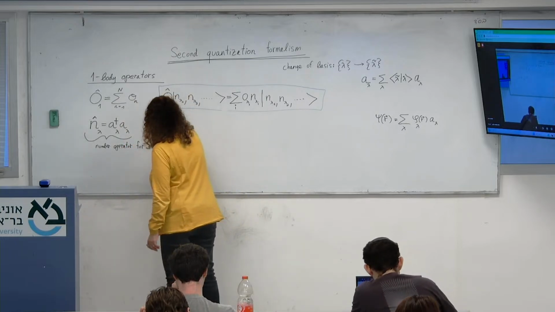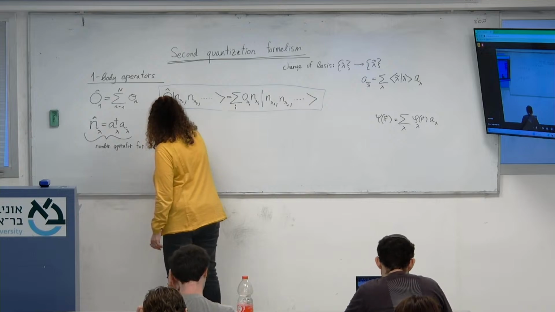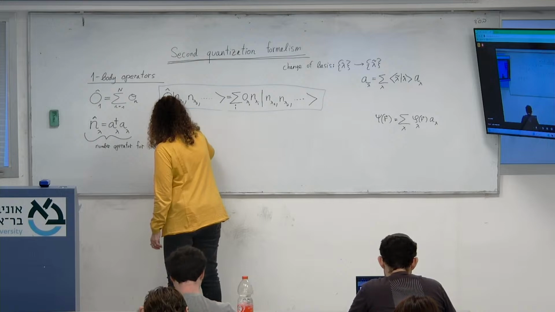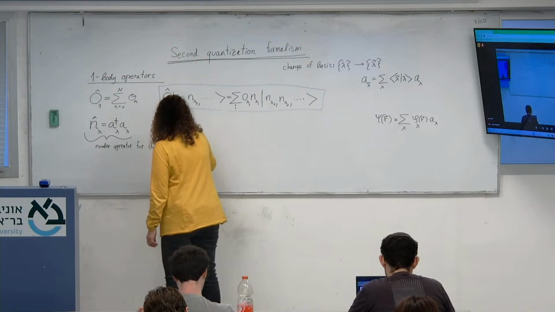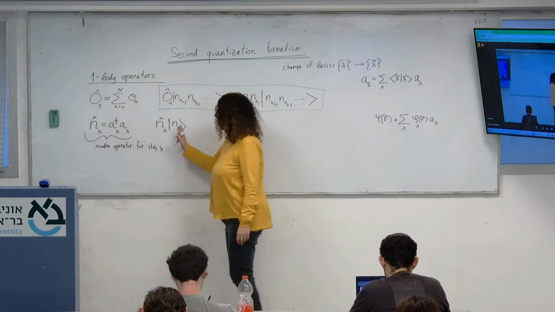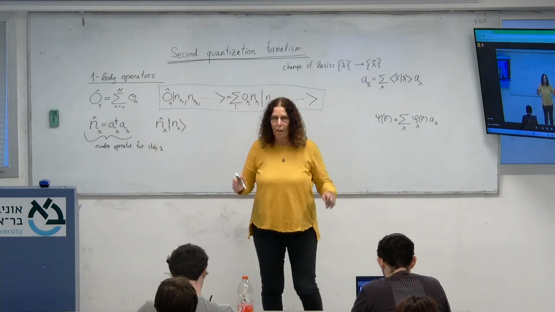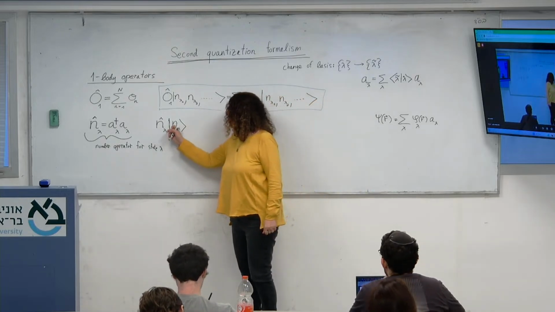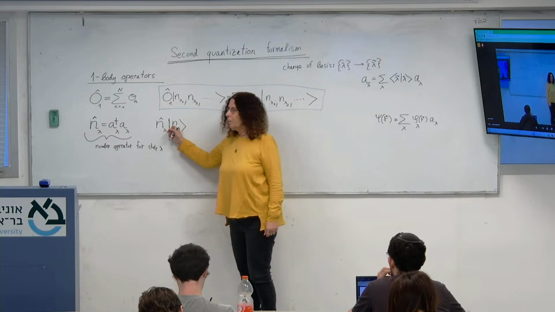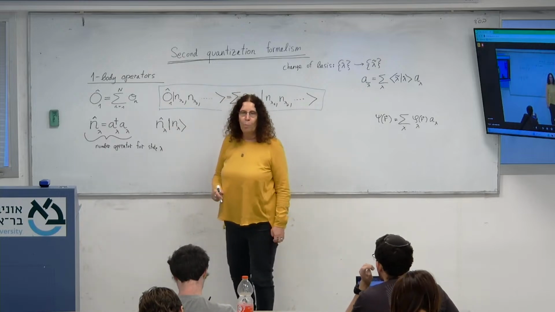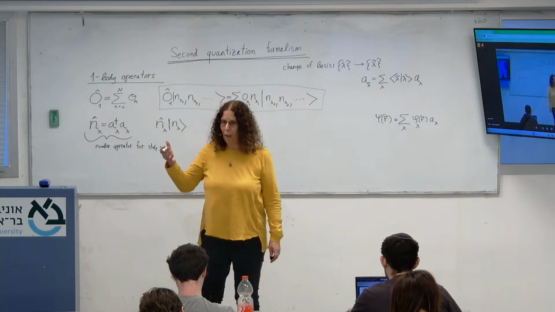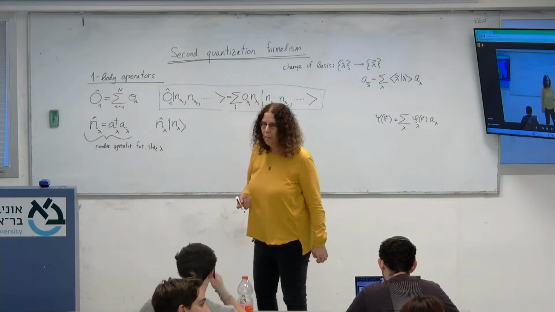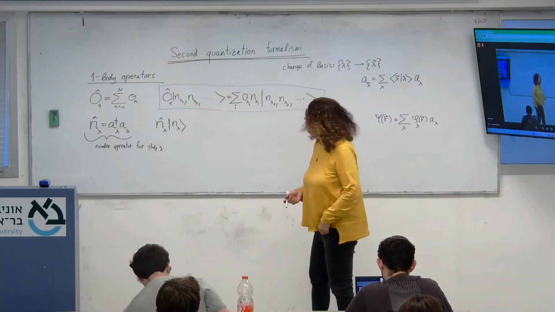Why? Because if I apply it first on a state, exactly like in the harmonic oscillator problem, except that it's true also for fermions, of course, I can take a state that is occupied by n lambda identical particles, all of them at state lambda.